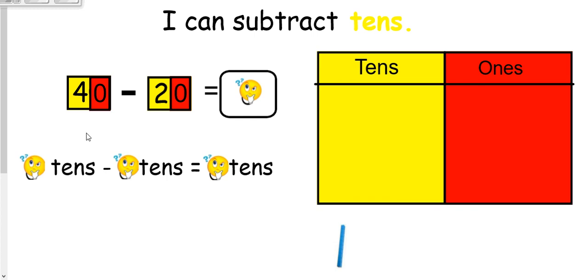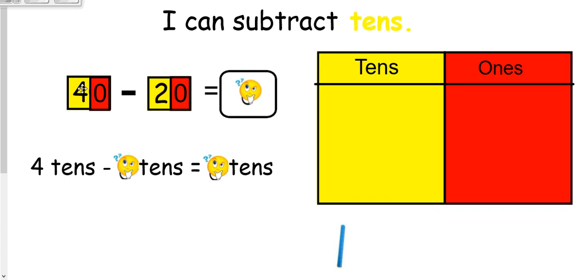Now if I want to build 40, I want to think about the tens and ones. I check my ones place. 40 does not have any ones, and I know it does not have any ones because there's a 0 in the ones place. How many tens does 40 have? 4 tens.